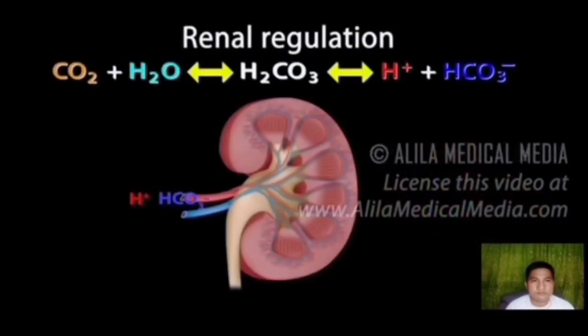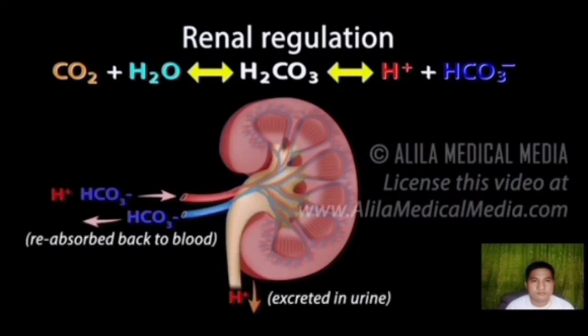Excretion of hydrogen ions and reabsorption of bicarbonate through the kidneys. The kidneys control blood pH by adjusting the amount of excreted acids and reabsorbed bicarbonate. Renal regulation is slower. It usually takes days to respond to pH disturbances.